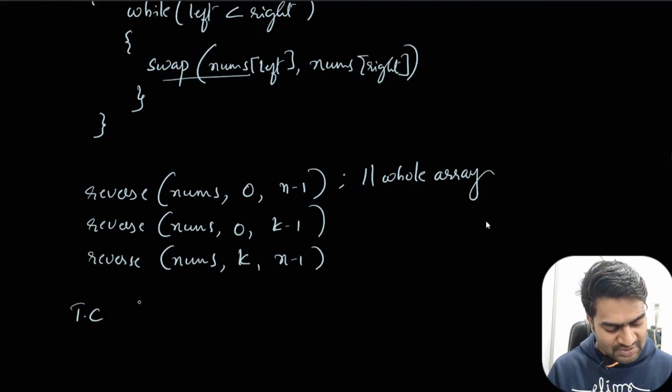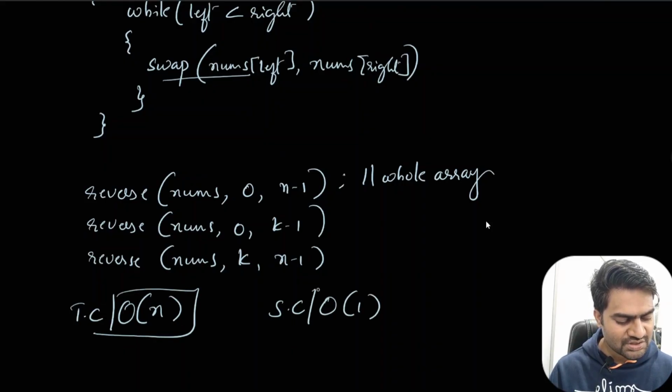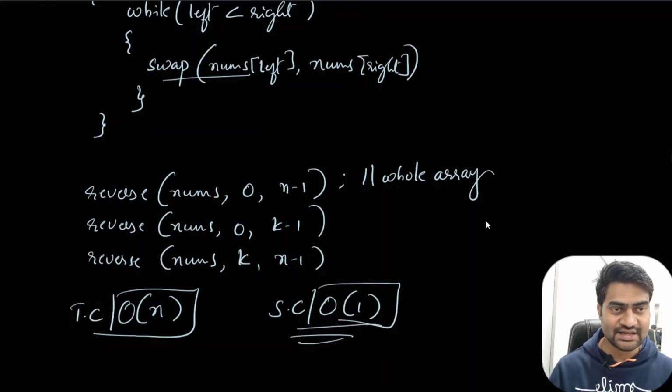So time complexity will be order n, and space complexity is order 1 because we are not using anything extra here. Everything is done in place. This is the beauty of the two-pointer technique. It boils down our space complexity from order of n to order of 1. Okay, hope that is clear.